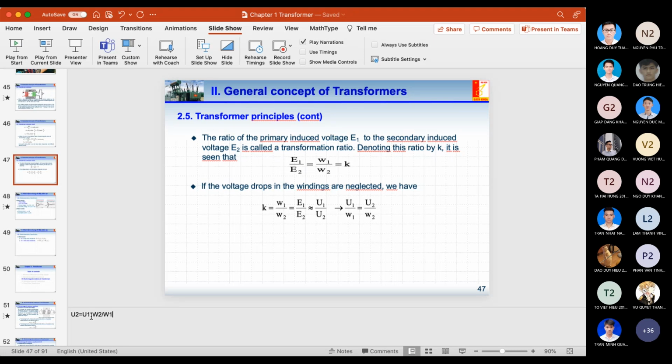Of course, you need to change the number of turns of the primary winding or the secondary winding.